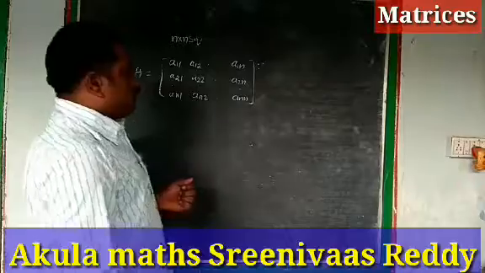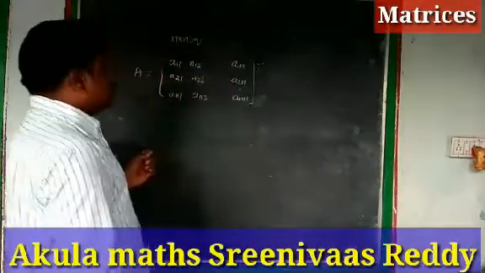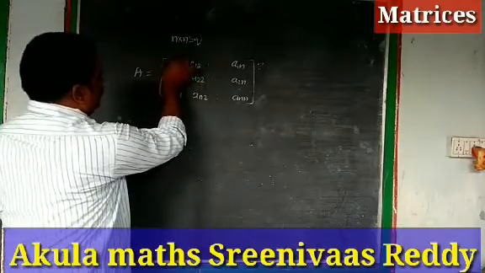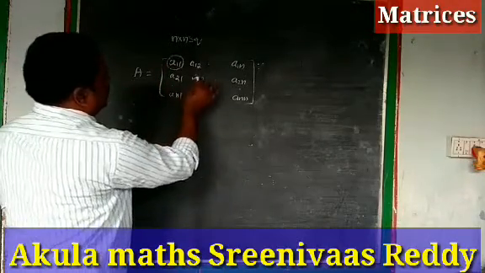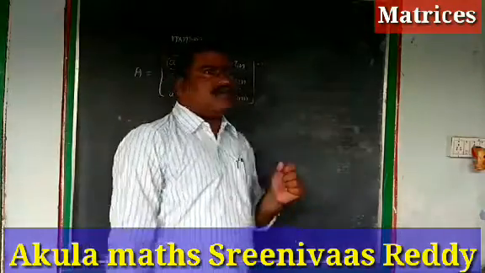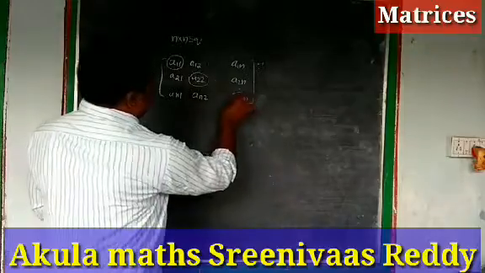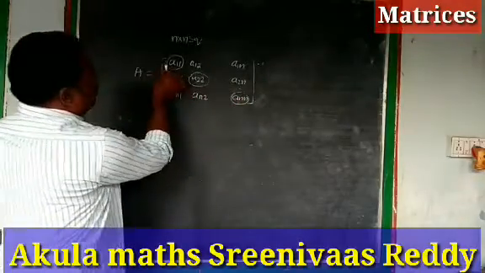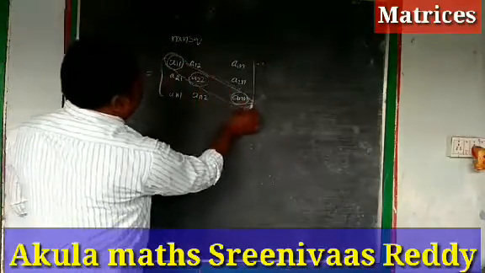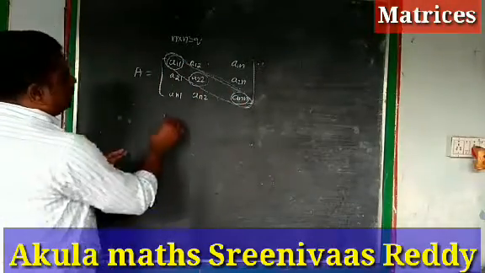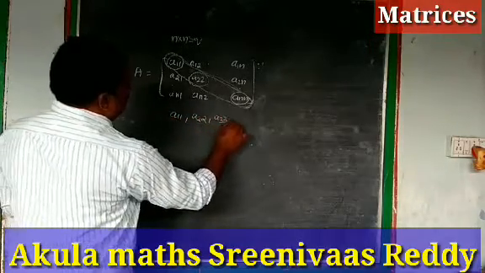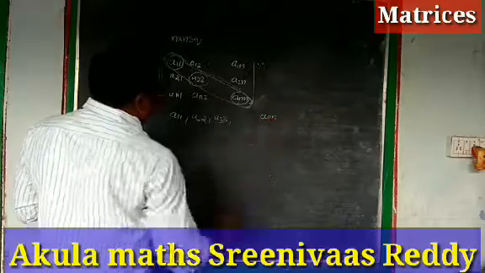This is a square matrix of order n by n. Here, principal diagonal elements means the first element of the first row, the second element of the second row, the third element of the third row, and the last element of the last row are called principal diagonal elements. So the principal diagonal elements are A11, A22, A33, and so on, Ann.